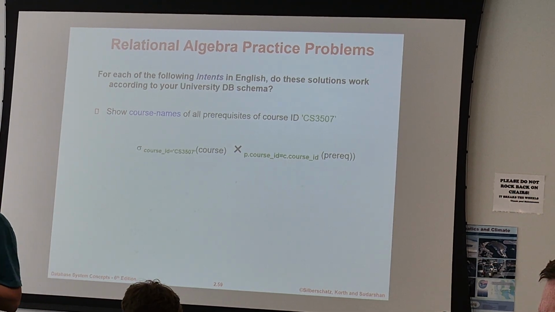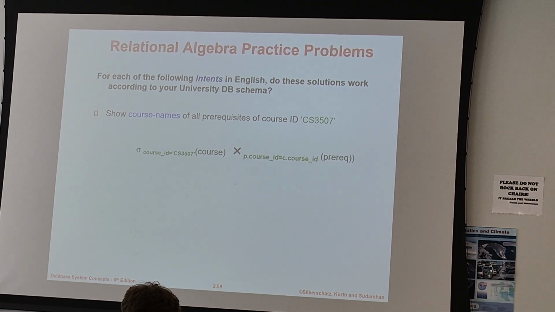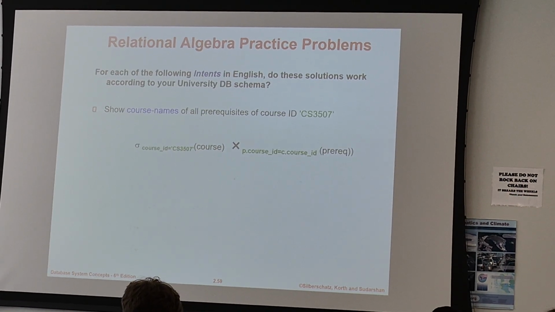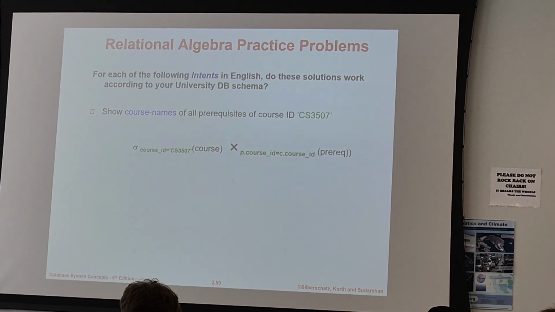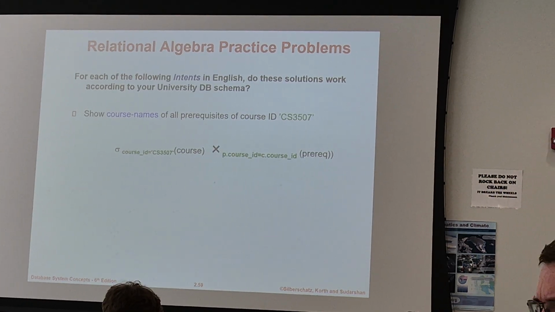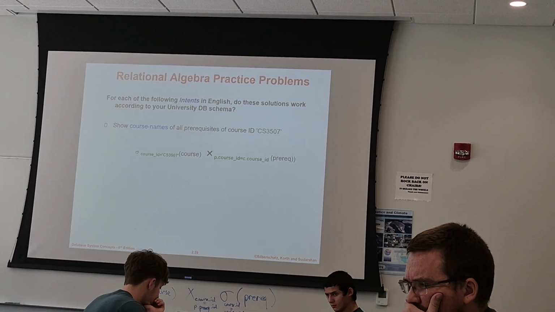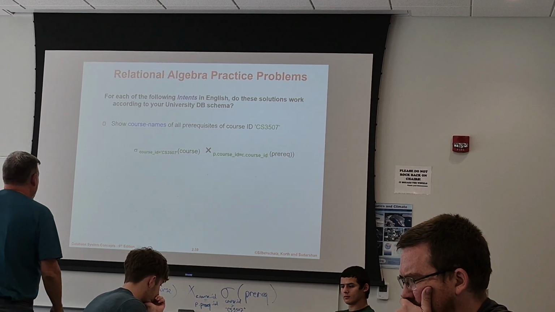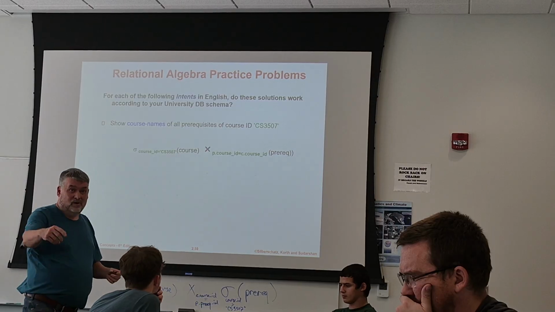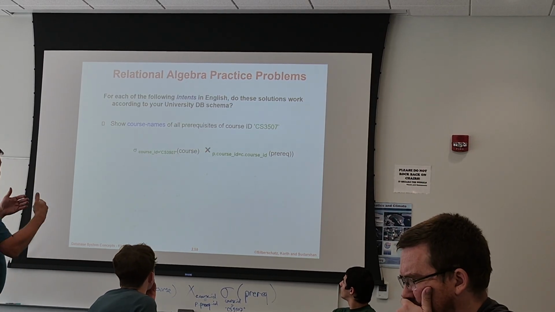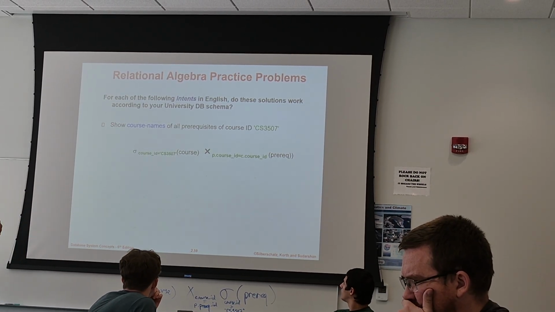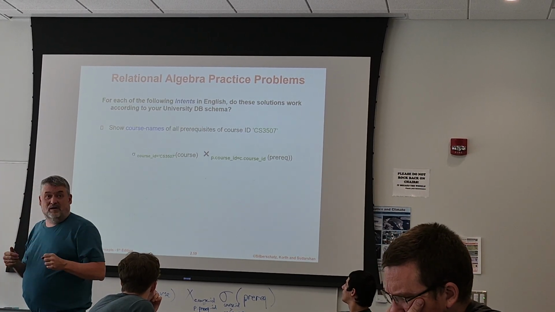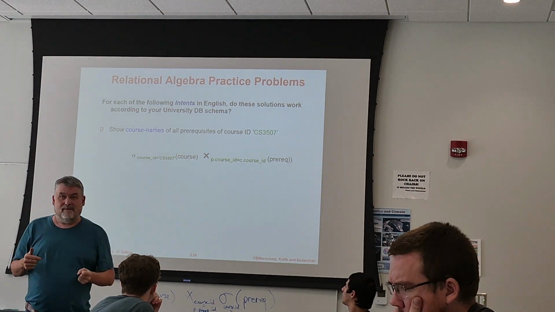What is this joined table going to give me? Well, so far it's going to give me the original thing that I had there before, but just one row. Oh, well, if we're still assuming that there are three prerequisites to CS3507, then it would give me 3 rows, but I'm basically going to have 3 copies of the CS3507 row joined to each one of the prereq rows from the prereq table.